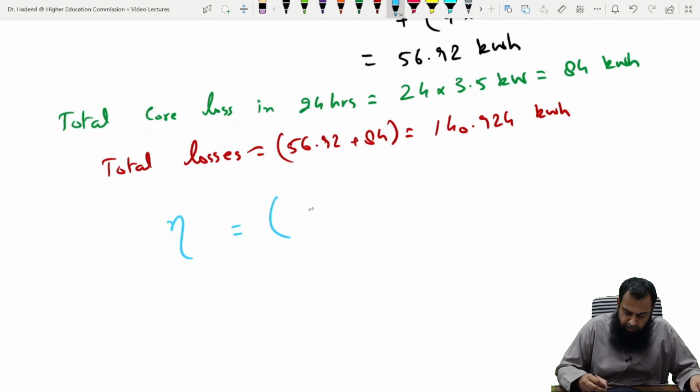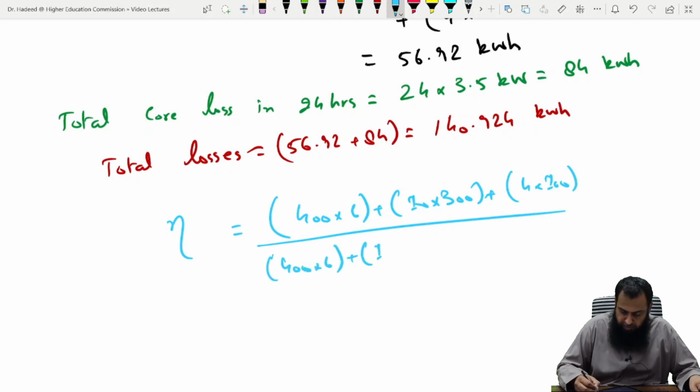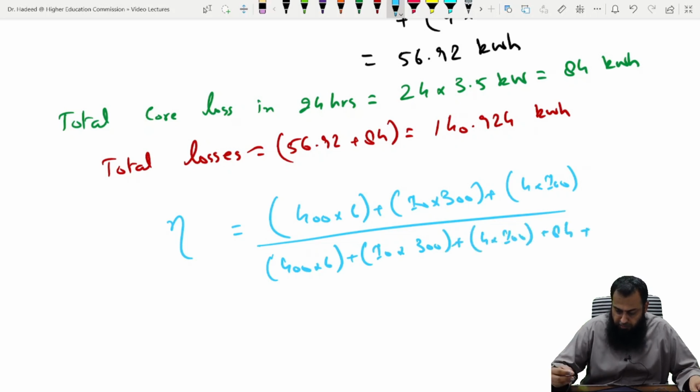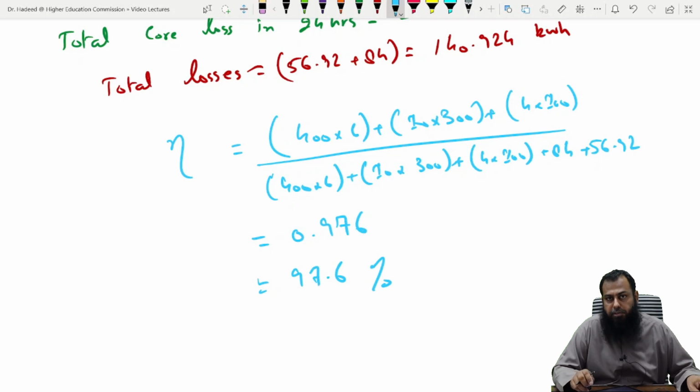We can also write this in terms of 400 into 6 plus 10 into 300 plus 4 into 100, divided by 400 into 6 plus 10 into 300 plus 4 into 100 plus 84 plus 56.92, and this is all in kilowatt, and therefore we get an efficiency equal to 0.976, or 97.6%. So 97.6% is the efficiency.